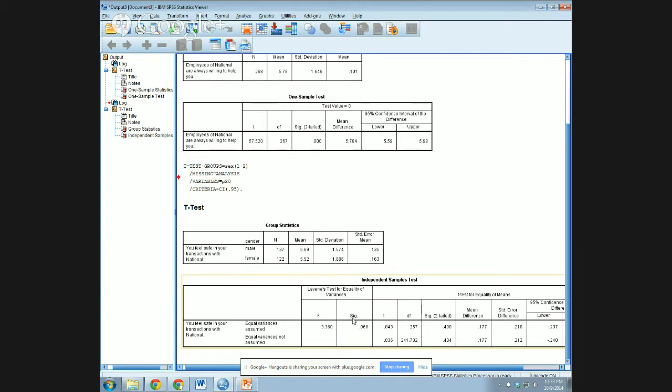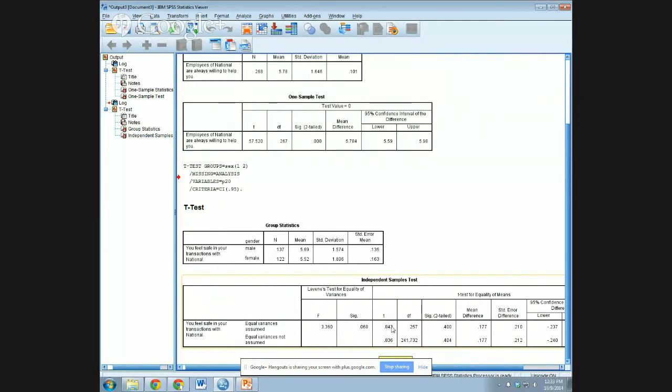So that would say there's non-equal, so therefore we would look at the equal variances not assumed. And we find, or sorry, the equal variances are assumed because we are not significant, okay?